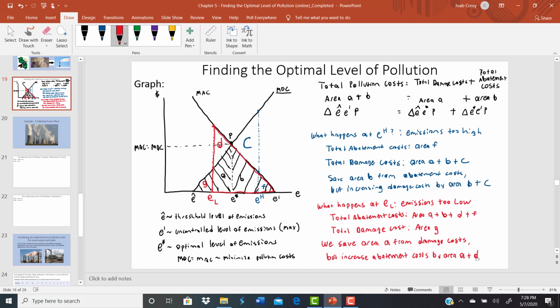And then we've added this area D that didn't exist before when we were at the optimal level of emissions, making our costs more expensive. So keep that in mind.